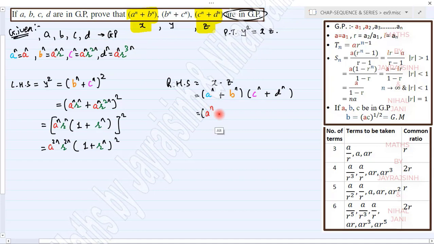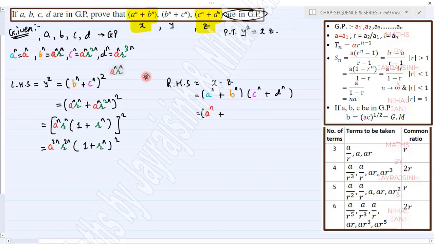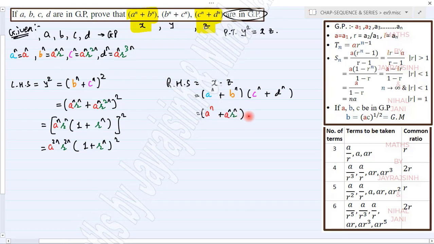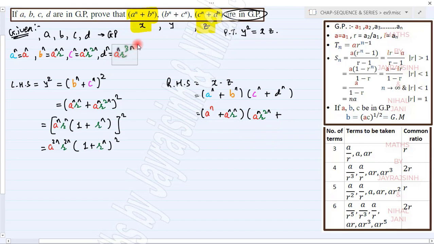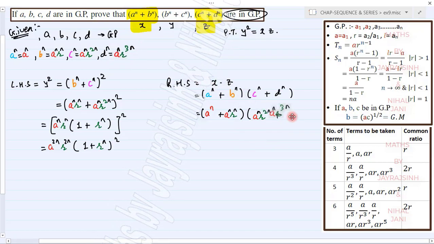So a raised to n will be as it is plus, let's get your b raised to n, which is a raised to n into r raised to n, and your c raised to n is a raised to n into r raised to 2n plus a raised to n into r raised to 3n.